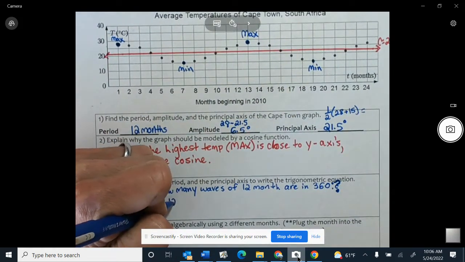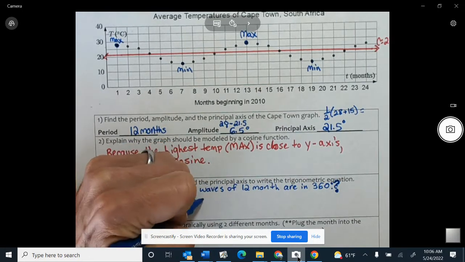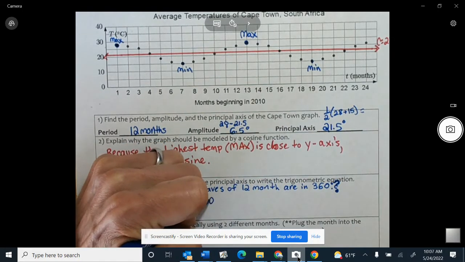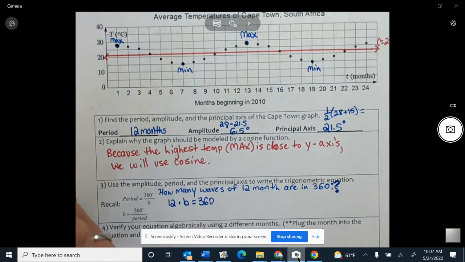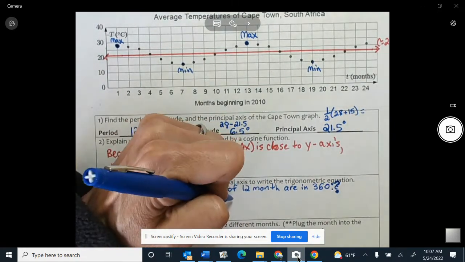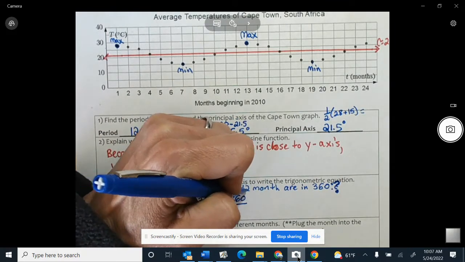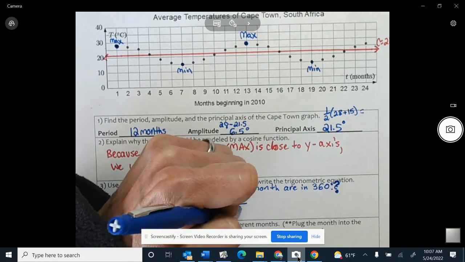So 12 times that B will get us to 360. And so what we're going to do is divide 360 by the time that's in one wave.